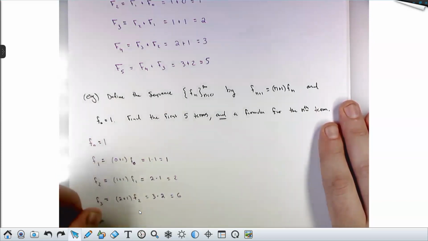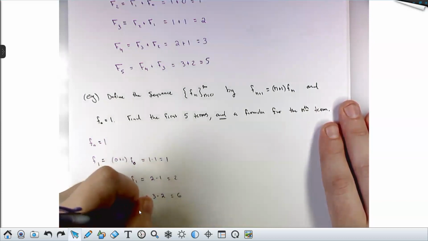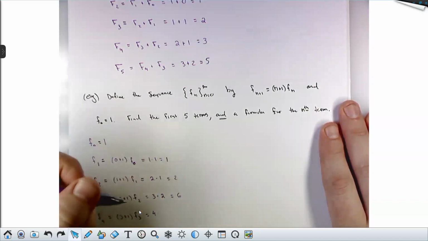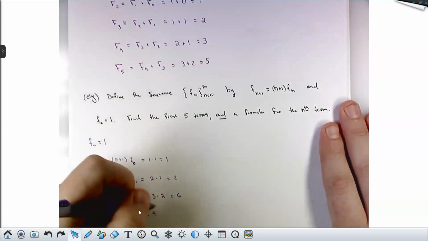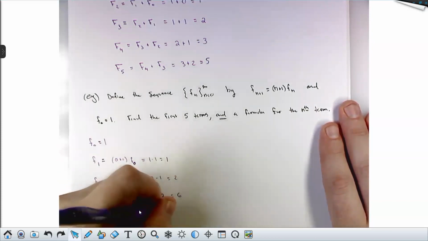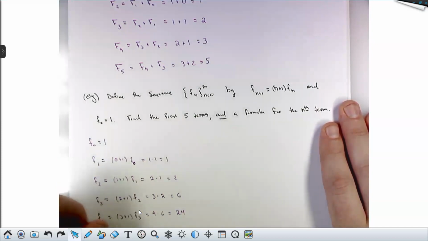Let's do a few more. F4 would be 3 plus 1 times F3, which is 4 times 6, right? Yeah, F3 is 6, 4 times 6, which is 24. And I'll do one more.